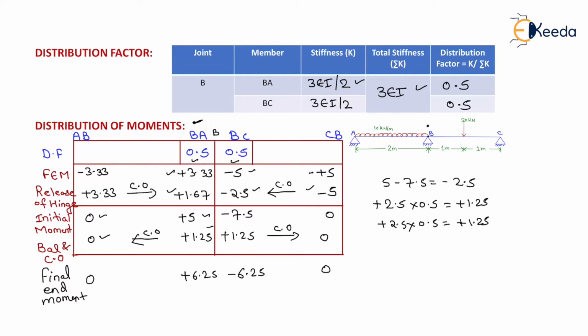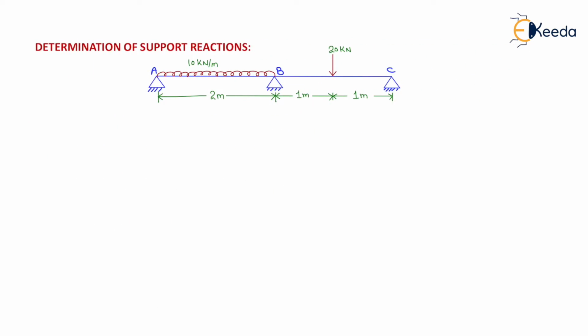Okay students, so for the determination of support reaction, we again make the beam as ABC, which is shown on your screen. Now we will separate the beam like this, that is span AB as well as span BC. That is the simple method of calculating support reaction.